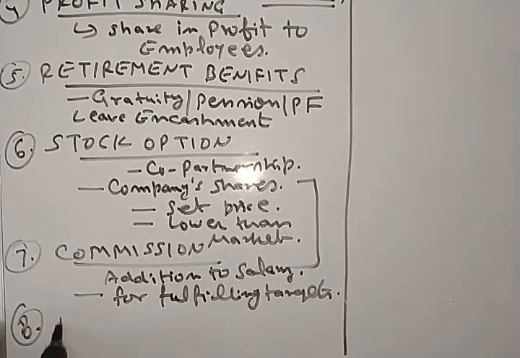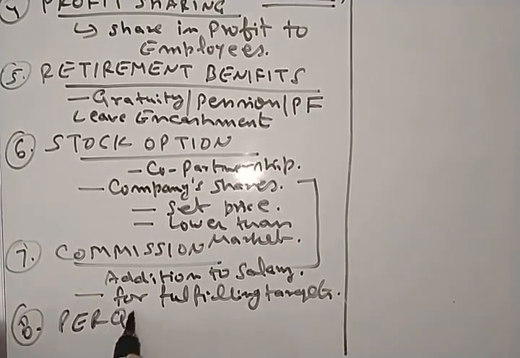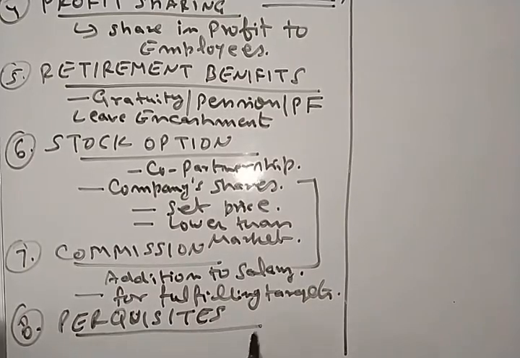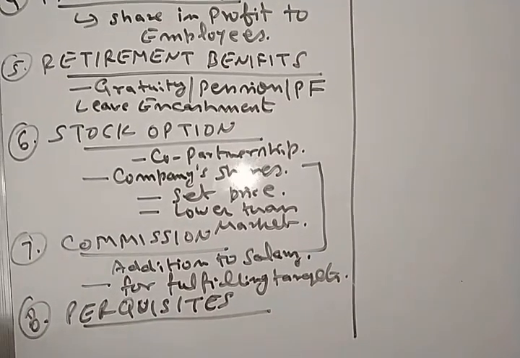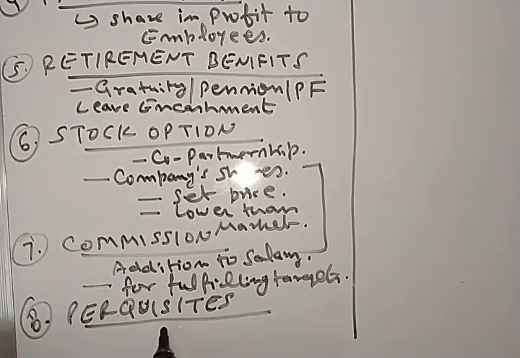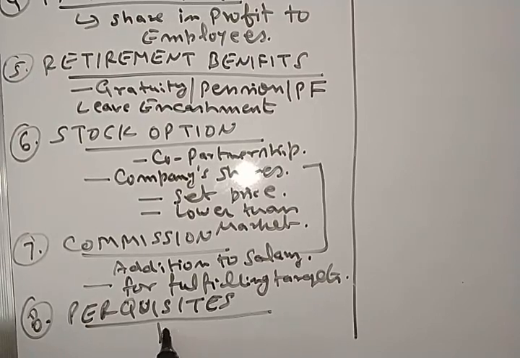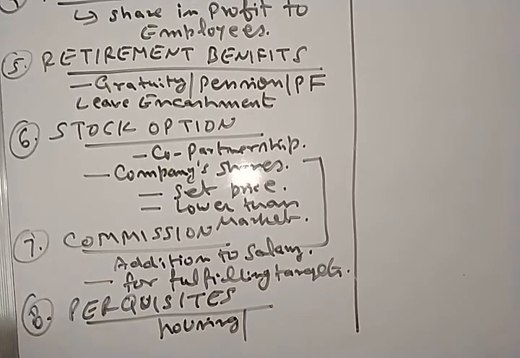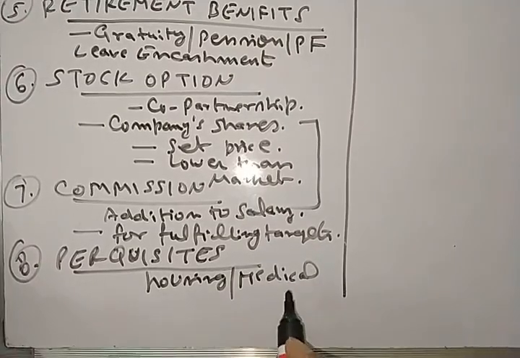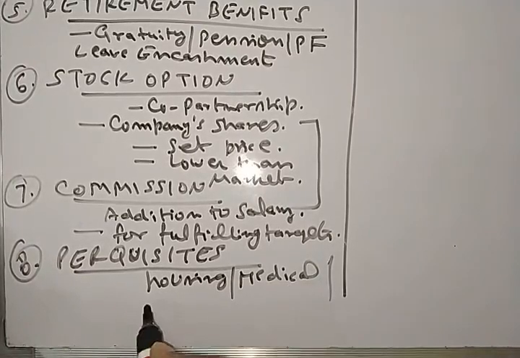Next is perquisites. In many companies, perquisites are offered such as car allowance, housing facilities, medical facilities, and education facilities.